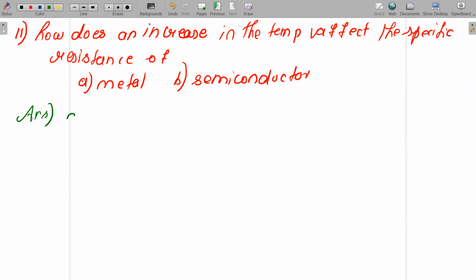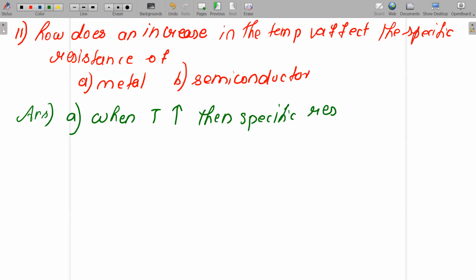See what happens in the case of metals. How does an increase in temperature affect the specific resistance? When temperature increases, the specific resistance of metal increases.